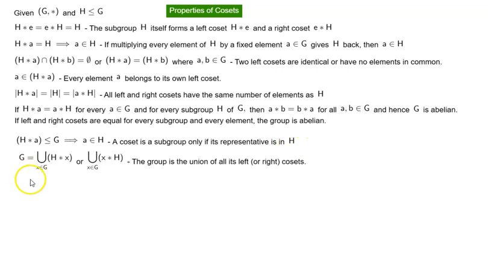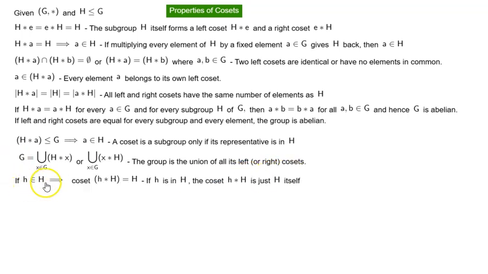Okay, somewhat of a new notation. Let's see. G is equal to the union of all the right cosets H times X, where X is in G, or we can say G is equal to the union of all the left cosets X times H, where X is in G. Or in simple words, the group is the union of all its left cosets or the union of all its right cosets.